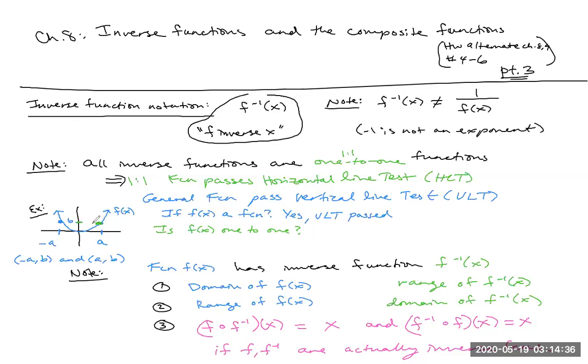It has more than one input that associates with it. So it's not 1-to-1. Okay, so this would be one spot where the horizontal line test is failed.